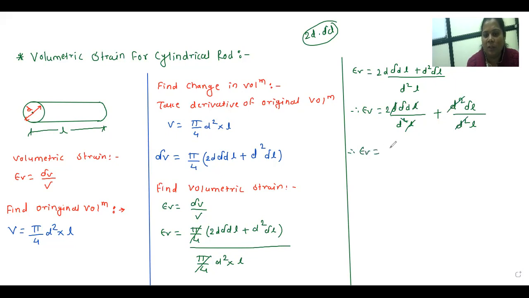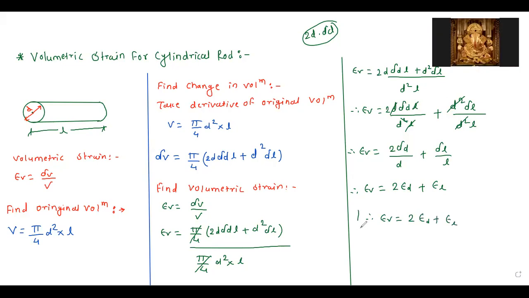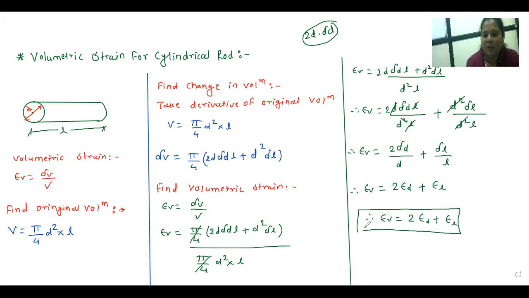Therefore, epsilon v is equal to what is remaining, 2 del d upon d plus del L upon L. Del d upon d means epsilon d, and del L upon L means epsilon L. So this is the equation for volumetric strain for a cylindrical rod: epsilon v equals 2 into epsilon d plus epsilon L.